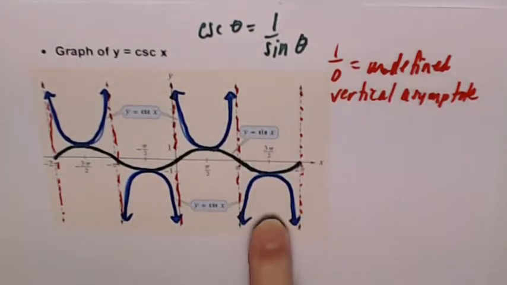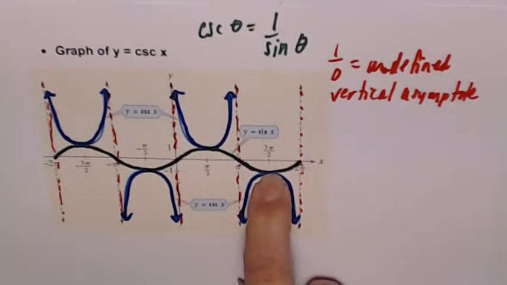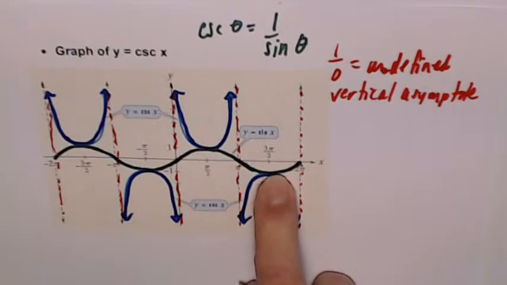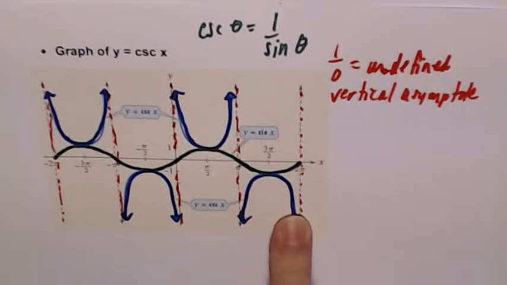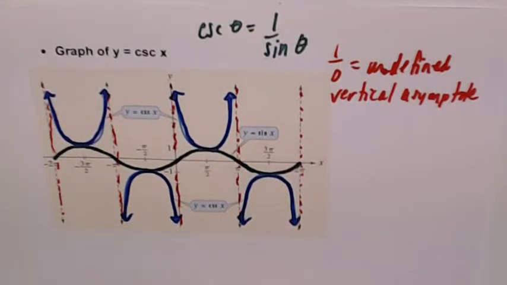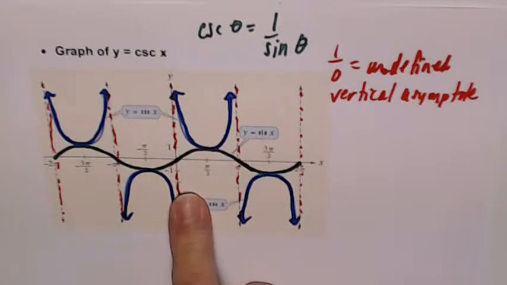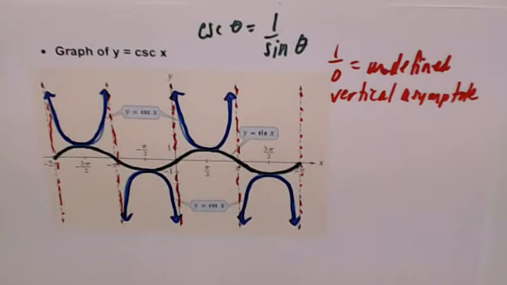At 3 pi over 2, the minimum of negative 1 in our sine function is a maximum value in our cosecant function. So the important characteristics: we absolutely need to see its partner sine function, then we look for zeros in sine that become vertical asymptotes in cosecant, and any max or mins get flipped in our cosecant function.